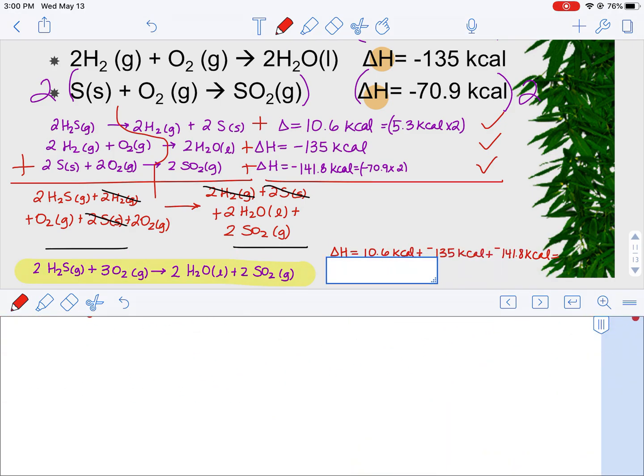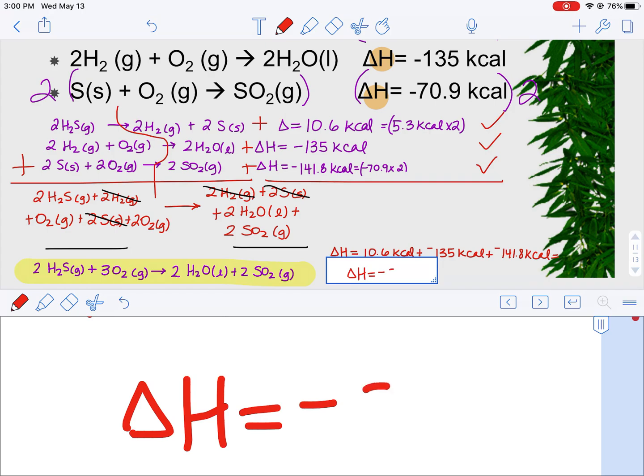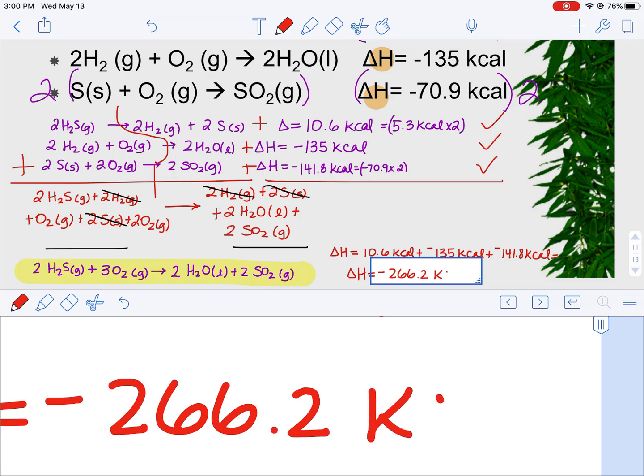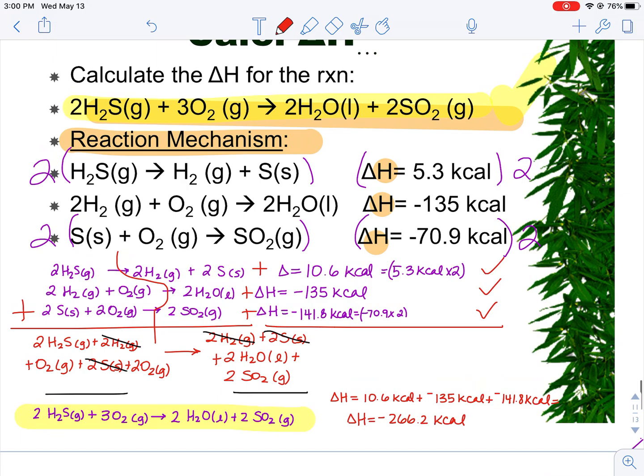Let's do that math. 10.6 plus negative 135 plus negative 141.8. Negative 266.2 kilocalories of heat are released in this reaction. That is Hess's law. The sum of the enthalpies for the individual steps in the mechanism will sum to be the enthalpy of your overall reaction.